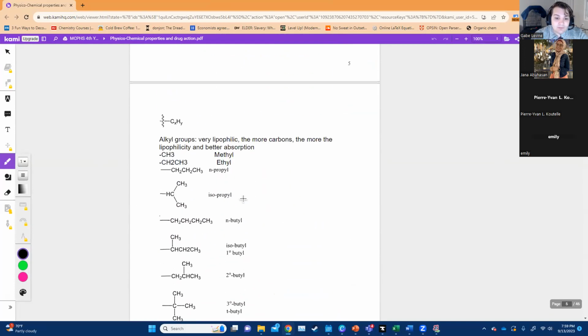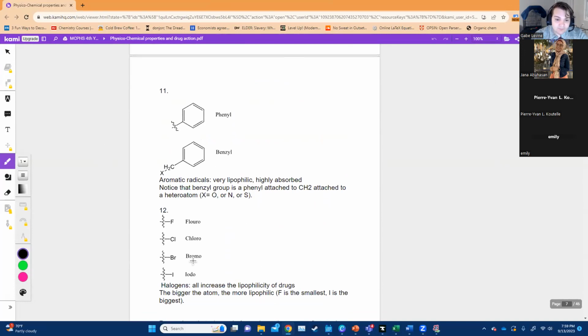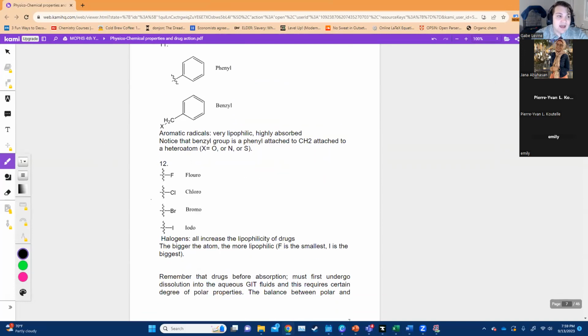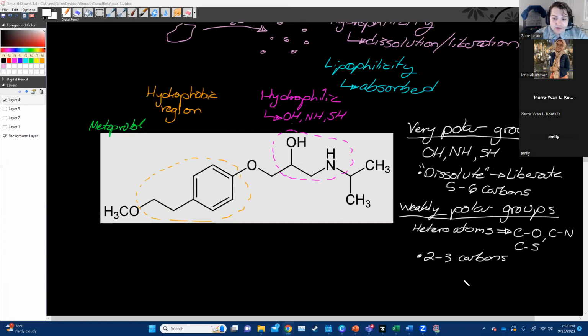The other aspect is to be able to categorize them as very polar versus weakly polar. The goal here is to be able to say, will this drug have an easier time dissolving or absorbing?